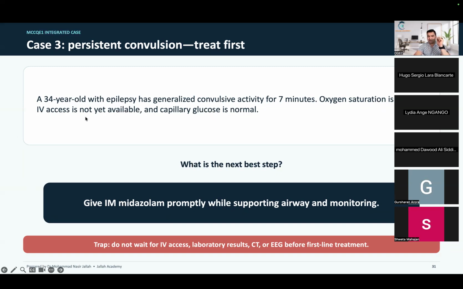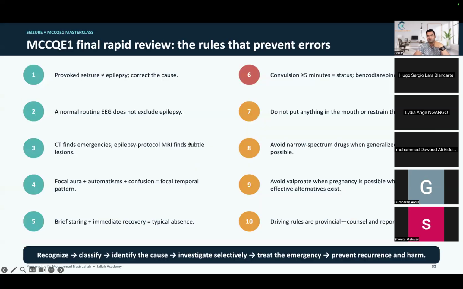But IV is not accessible, so the next step is IM midazolam promptly while supporting the airway and monitoring. Trap: do not wait for the IV, laboratory results, CT, or EEG before first-line treatment. I have to give the medication to stop the seizure.